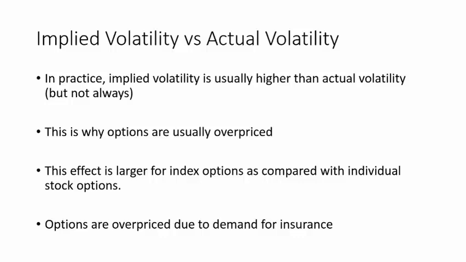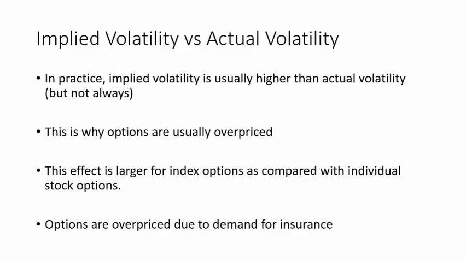And going back to what we talked about a few lectures ago, these options are usually overpriced due to insurance demand, because people buy options as insurance. For example, people buy put options on the Nifty index to insure against a fall in their portfolio. Because of this insurance demand, people tend to be willing to pay a little bit more for options than what they're actually worth.